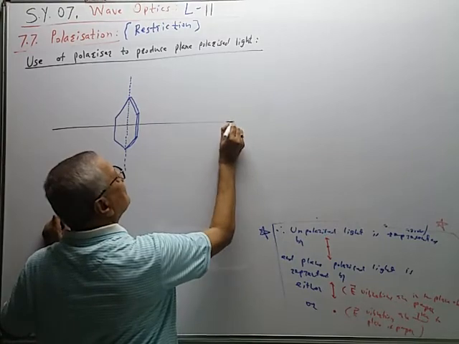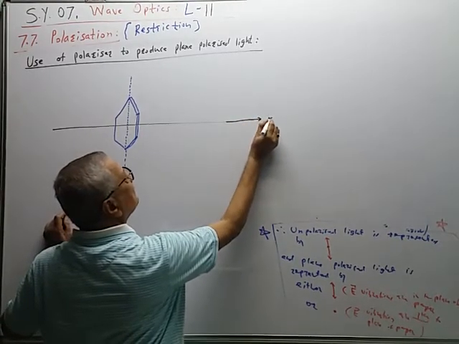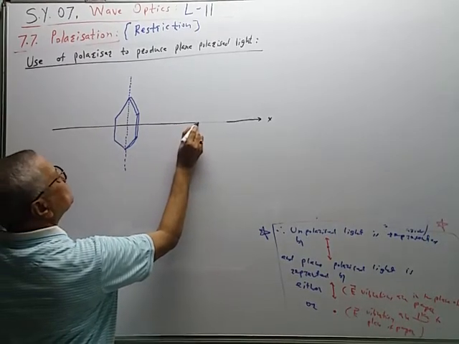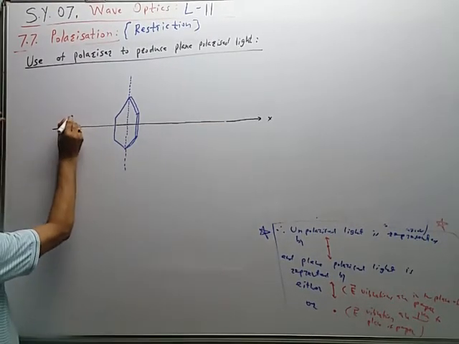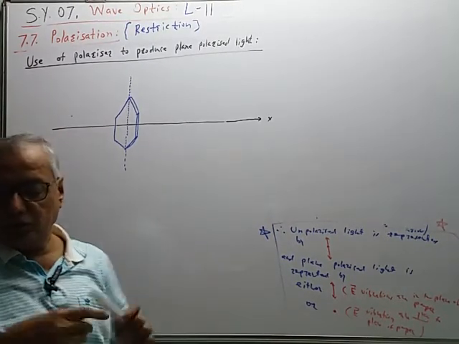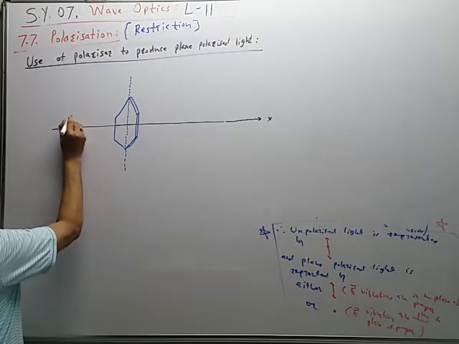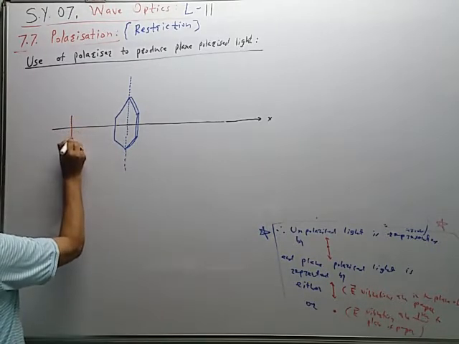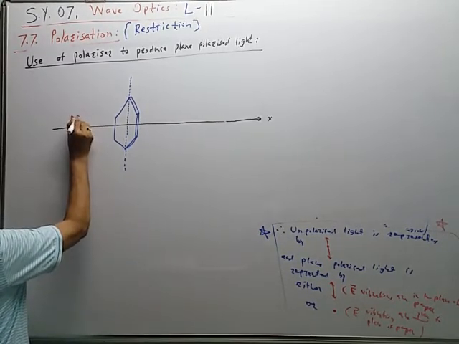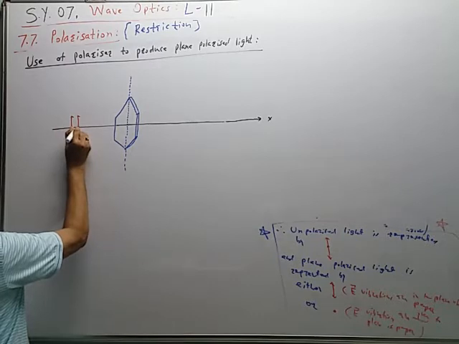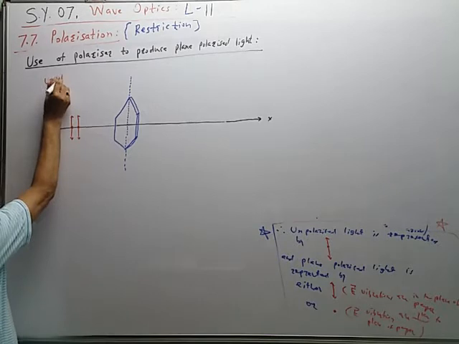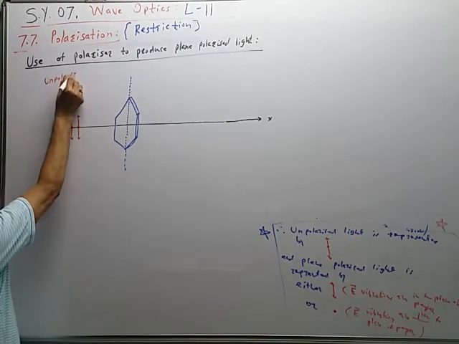Light is traveling in this direction. This is the x-axis. So the incident light is unpolarized light. Just now we have seen that it is shown by circle and dot. This is the incident light, which is unpolarized.